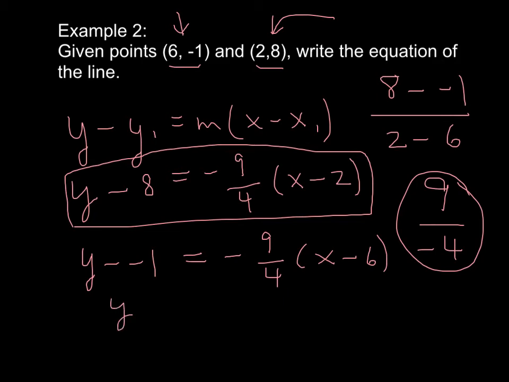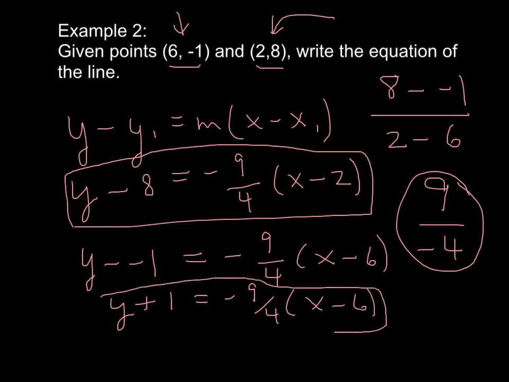When I clean it up a little bit by taking care of the double negative, I get this. And even though this equation looks different from the other one that I boxed up, it's really just 2 completely correct and equivalent equations, and I don't care which one of these you give me.